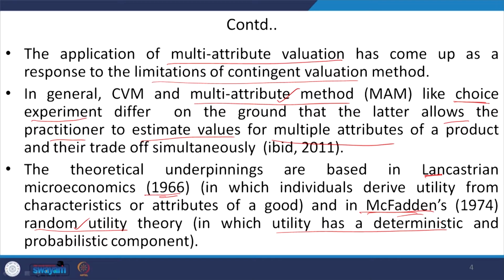So, if you want to find the theoretical backbone of this multi attribute valuation, we can attribute it to two broad theories: one is the Lancasterian microeconomics theory and the second one is McFadden's random utility theory.